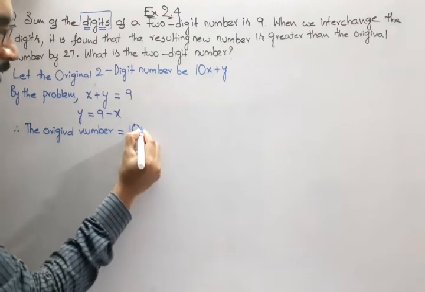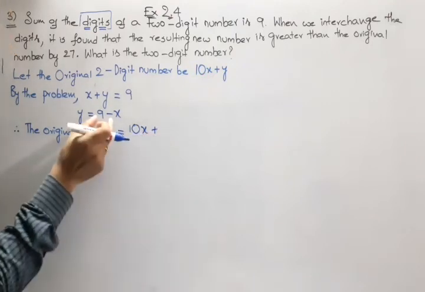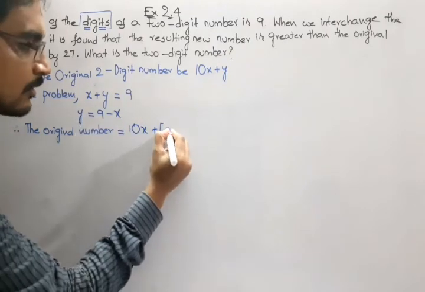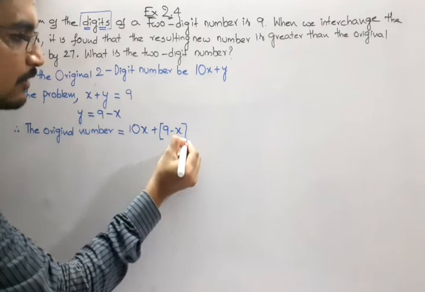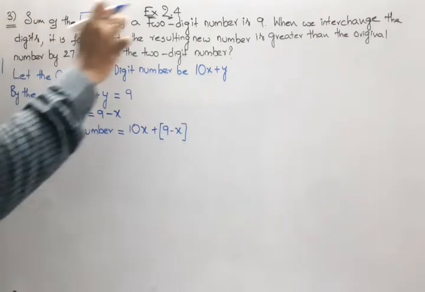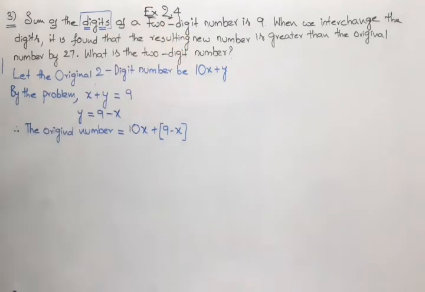So in place of y, can I write 9 minus x? Yes, because we got the value of y as 9 minus x. So this gives us the first point.